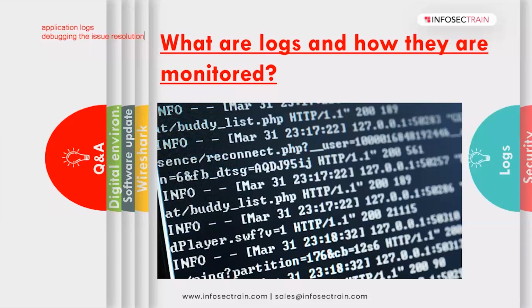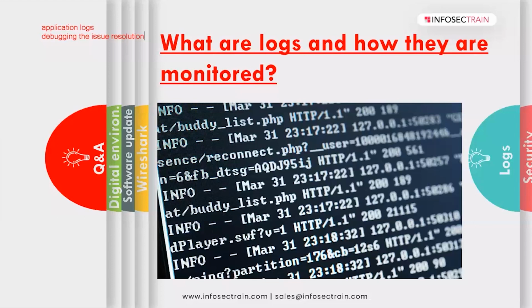Okay, so let's say we have a user and he's trying to log in to a particular database. Over here, he is encountering some login errors.